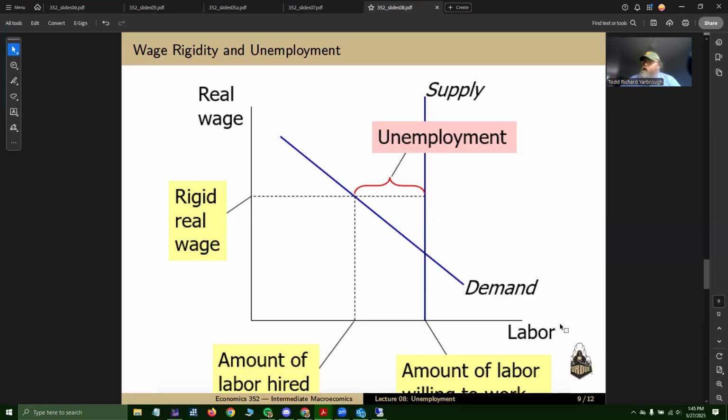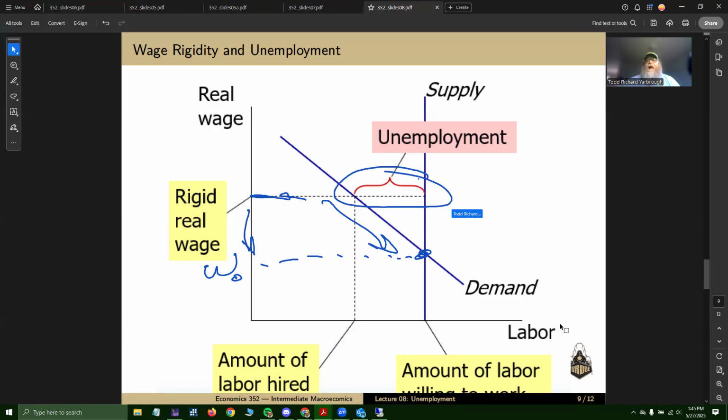And so what actually causes this unemployment from a wage rigidity perspective is that wages should fall to something like, let's call this W0. The wage should fall to cause equilibration in the labor market. But because of wage rigidity, you don't see that fall. And so as a result, there's a persistent lack of market clearing. Okay, that's going to be a really, really important idea.